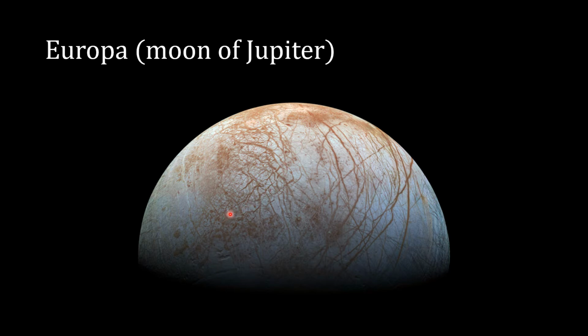And when space probes have flown by Jupiter, the Jovian system as it's called, so Jupiter and its moons, they've made some observations of Europa, and it seems like it's got a lot of liquid water in an ocean below the ice cover.